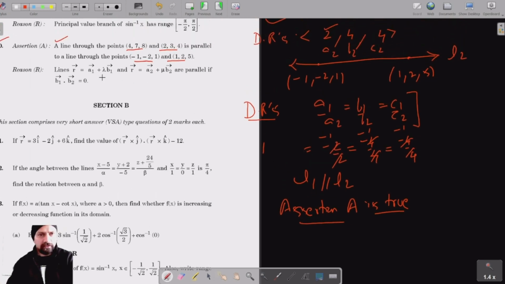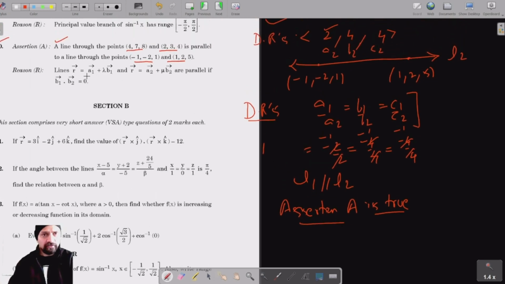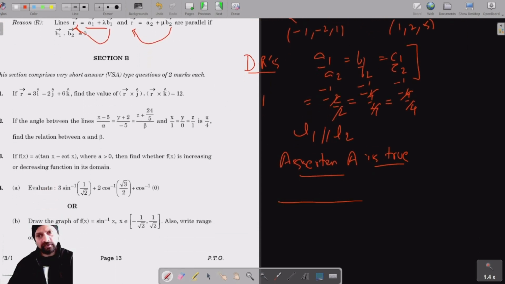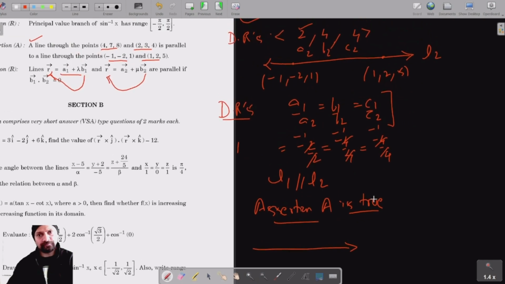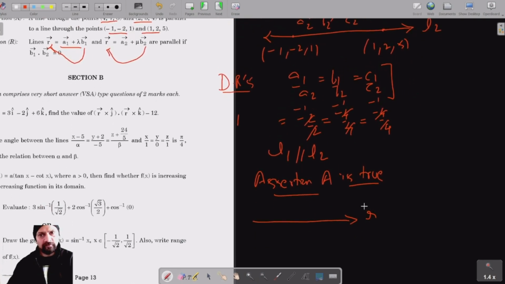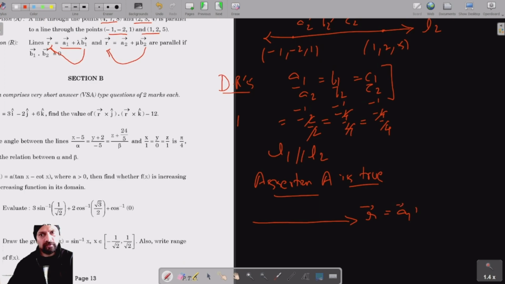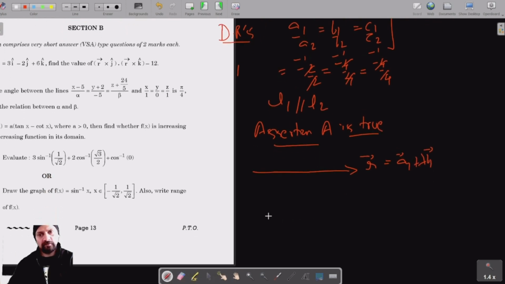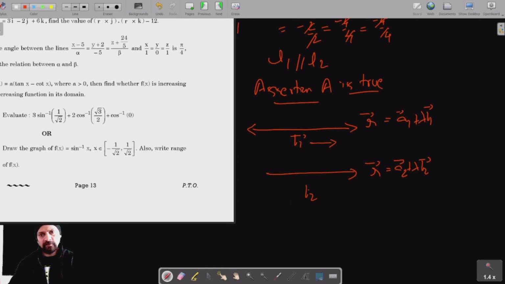Now the reason. When the lines are parallel, say the first line is r vector equals a1 vector plus lambda into b1 vector, and the second is r vector equals a2 vector plus lambda into b2 vector. The first line is parallel to b1 vector, and the second to b2 vector.